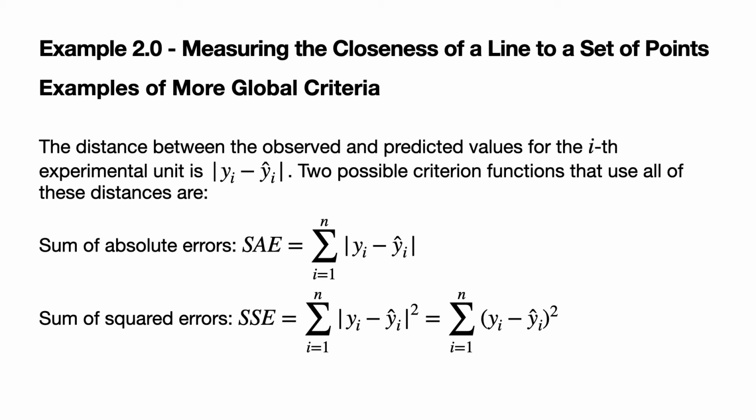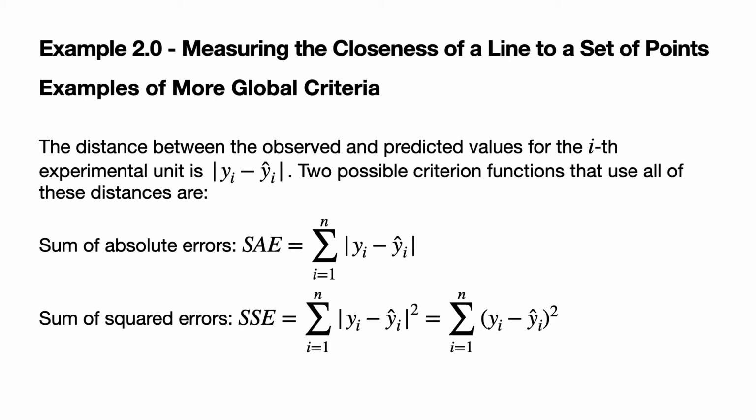So those are the two criterion functions that we're going to be looking at that give us more of a global measure of how close a candidate line is to a given data set. And the idea then is that, using each of these criterion functions, we would want to optimize each of those two criterion functions.